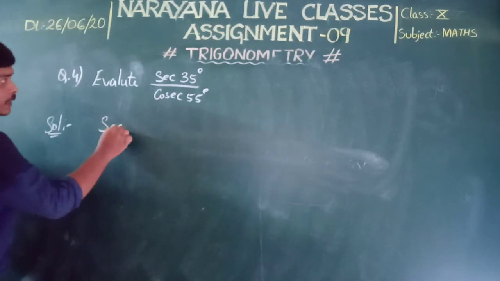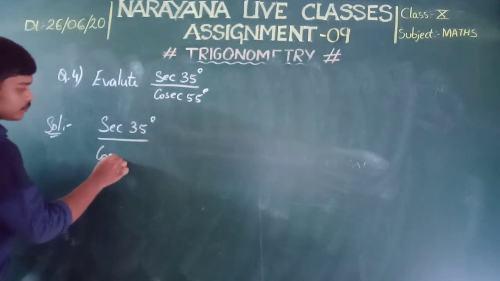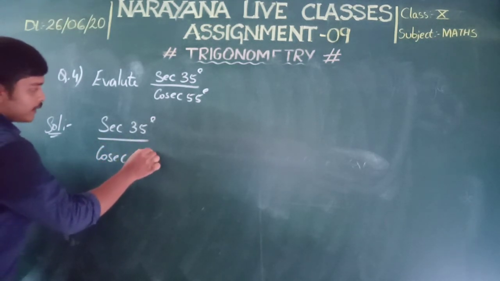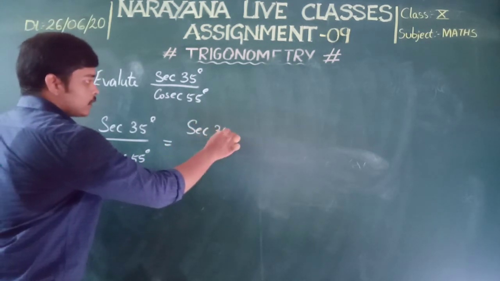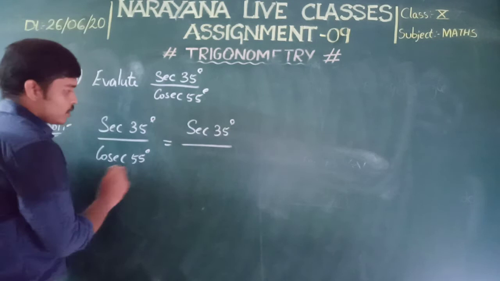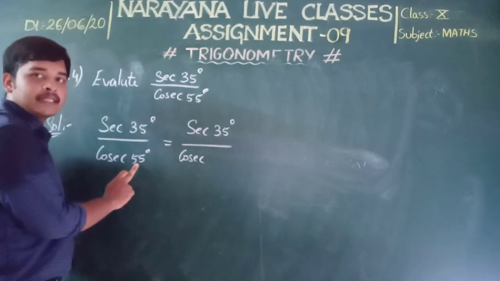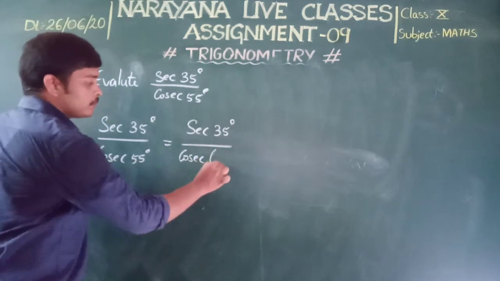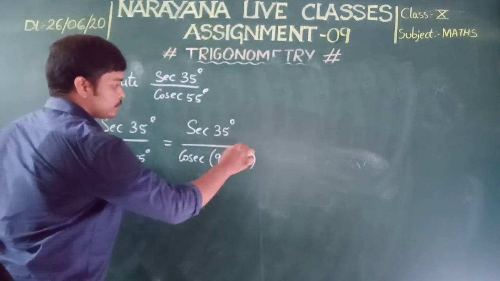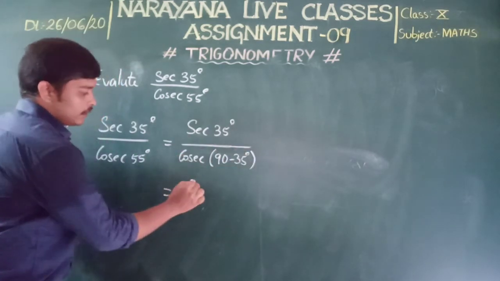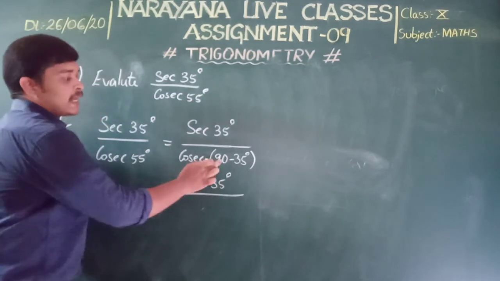So secant 35 degrees by cosecant 55 degrees, where 55 can be written as 90 minus 35. So secant 35 by cosecant (90 minus 35).